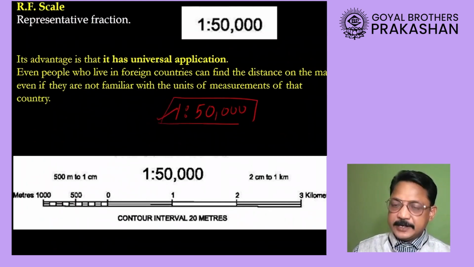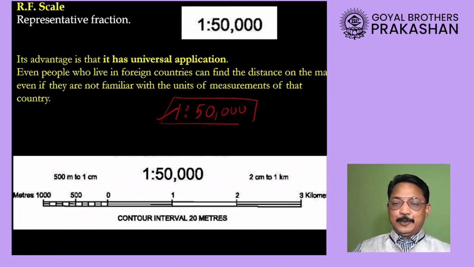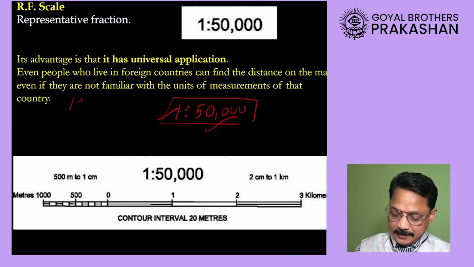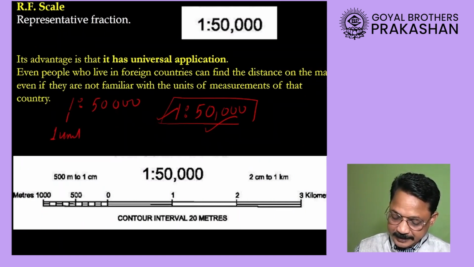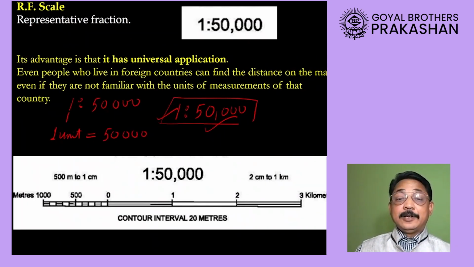That 1 centimeter on map is equal to 50,000 centimeter on ground. So 1 is to 50,000. It means 1 unit or 1 centimeter on map is equal to 50,000 centimeter on ground.